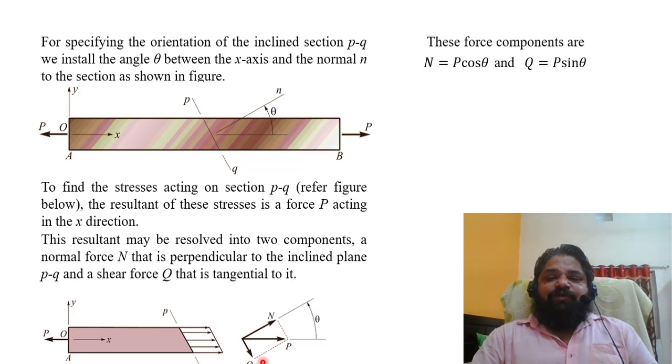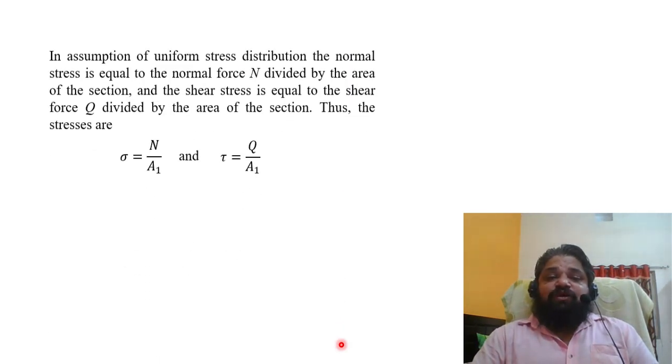If I write the normal component and the shear component, I believe it is clear how we get N is equal to P cos theta, where theta is the angle taken, and Q is equal to P sin theta. Now if I have the individual forces, I can get the individual stresses.